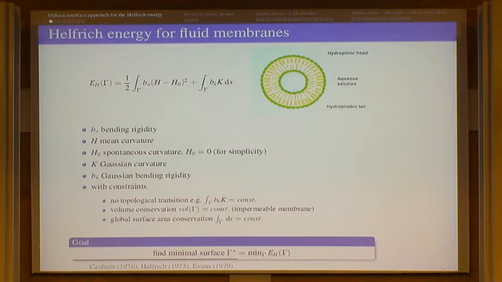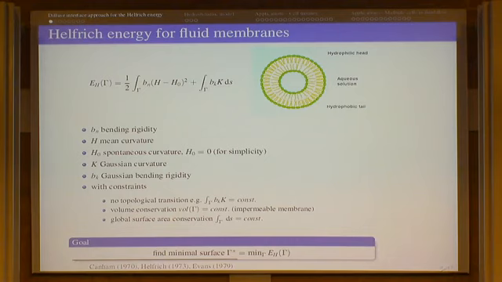And then we can write down this energy, which was derived by Helfrich and also by Canham and Evans, where this term H denotes the mean curvature, the bending rigidity, and of course H naught denotes the spontaneous curvature, and with the spontaneous curvature we are able to describe asymmetry, for example, certain proteins acting on this cell membrane.